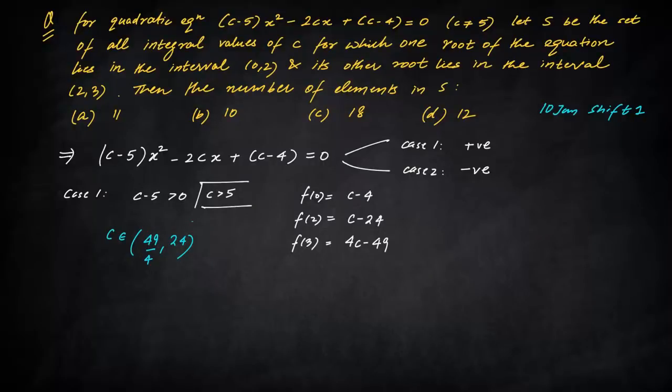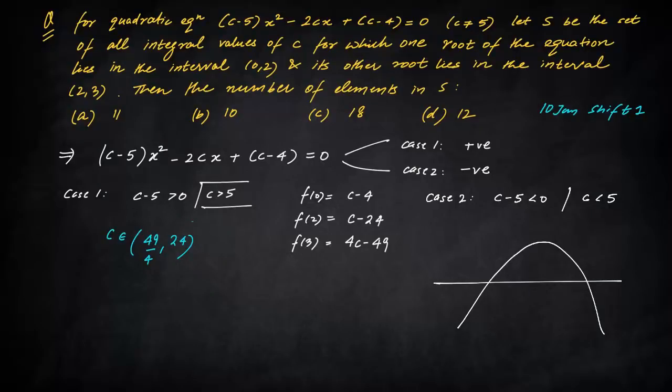So case 2, let's see the diagram of case 2 first. Now case 2 would be when c minus 5 is less than 0, that is c is less than 5. Now this will be a case of downward parabola, right? Downward. So now in this case, the value at 0 will be negative.